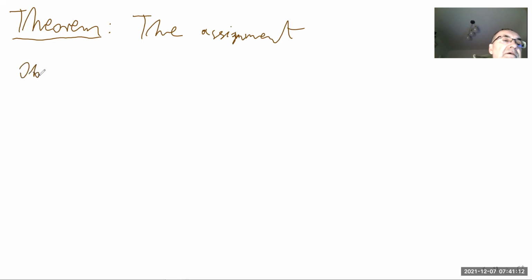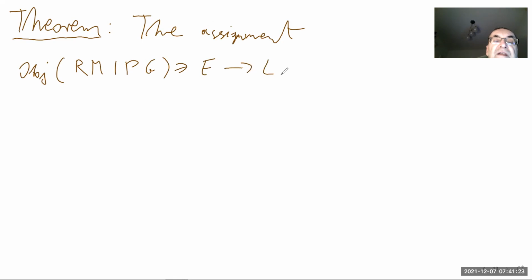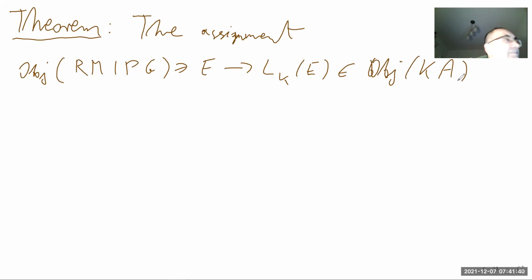Objects in my category R and IPG, so all graphs. Any graph associates a related graph algebra, which is a unital algebra, an object in the category Ka.